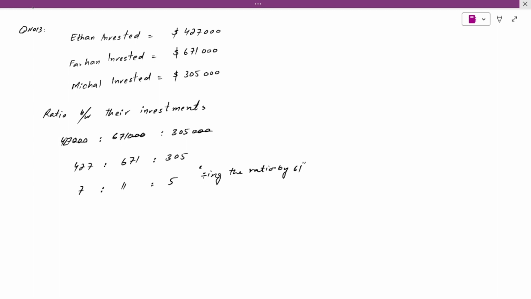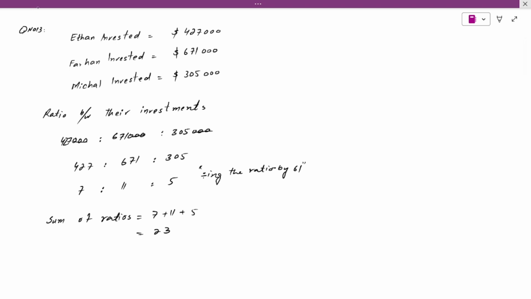This is the ratio of their investment. Now let us calculate the sum of ratios. The sum of ratios is equal to 7 plus 11 plus 5. So the sum is 23.